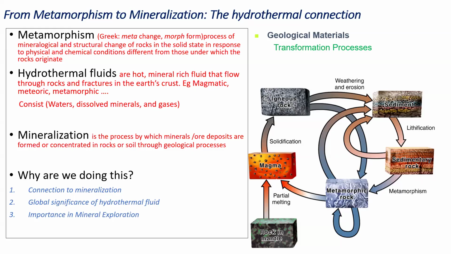After deposition and after geologic time, and when we say geologic time, we are referring to millions of years, these sediments are converted to form sedimentary rocks. The process of conversion of sediments into sedimentary rock is called diagenesis. And after diagenesis, those sediments are no more sediments. They are now sedimentary rock.